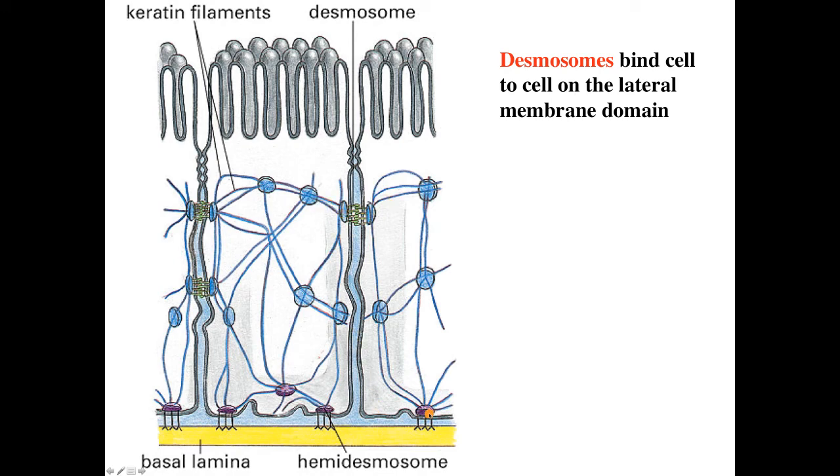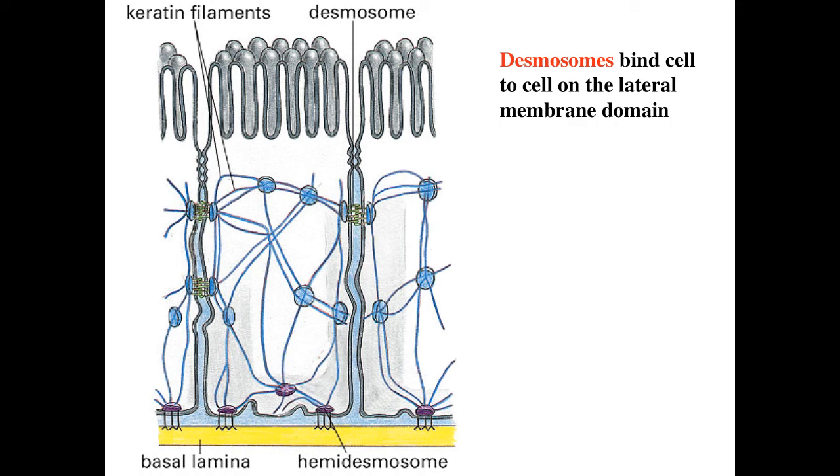Contrast that to the hemidesmosome. It is a structure just on the basal domain of the cell, and it's binding onto extracellular matrix components in the basal lamina. So it's binding these basal lamina components through integral membrane proteins to cytoskeletal components in the cell.